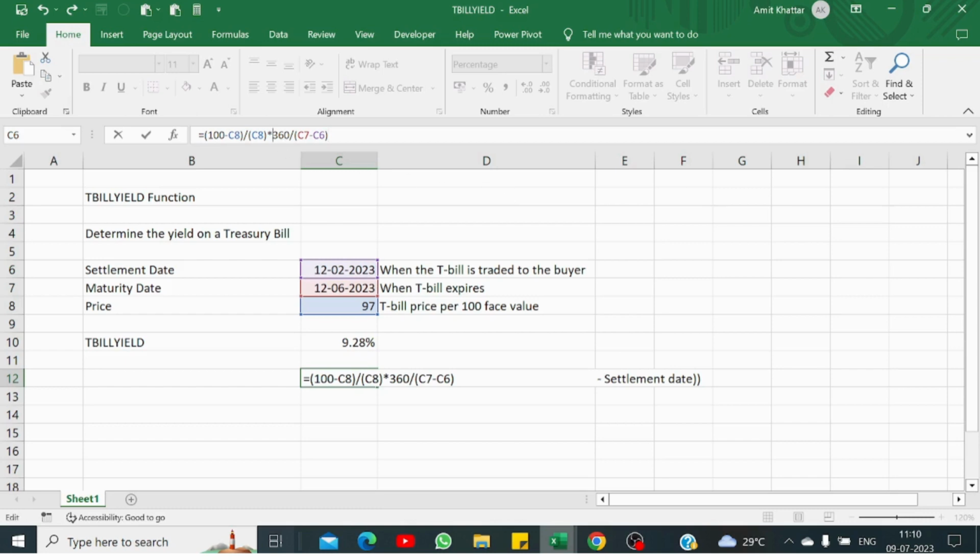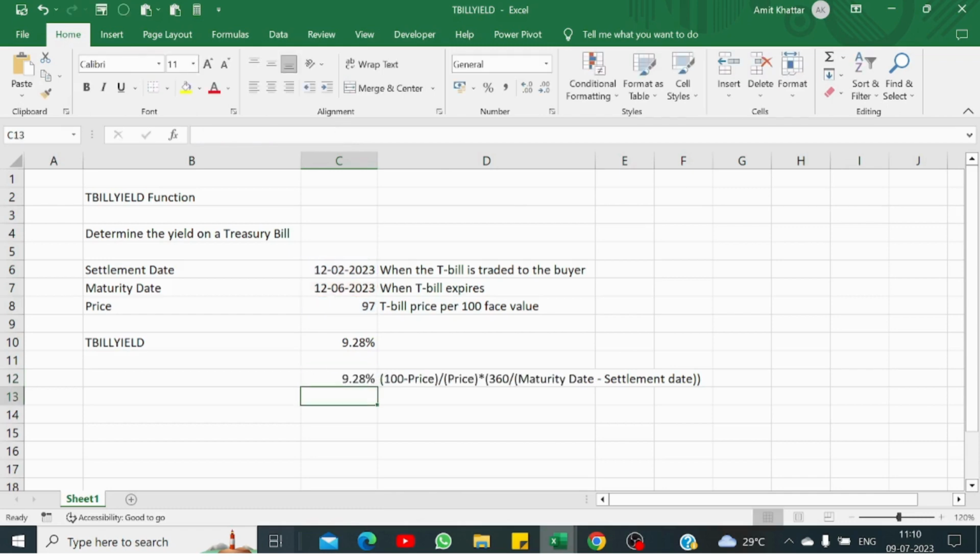Open brackets over here, and I'll close this. So I'm getting the same output, that is 9.28%, using the elaborated formula.